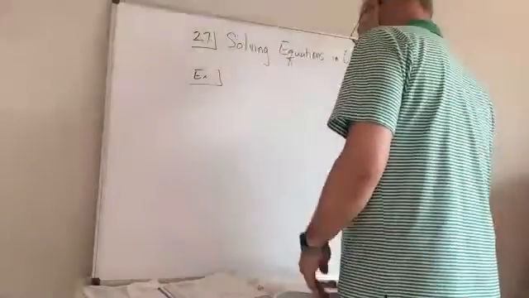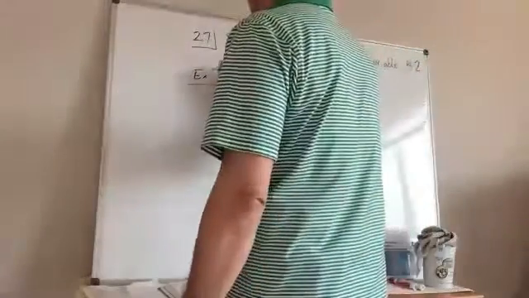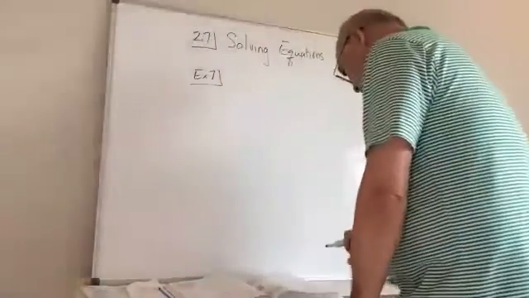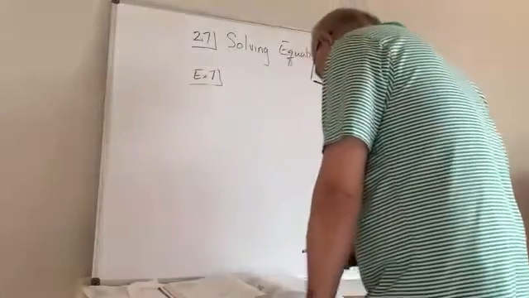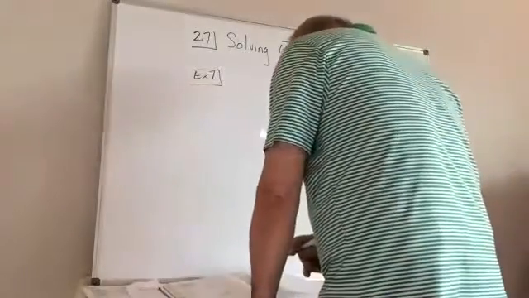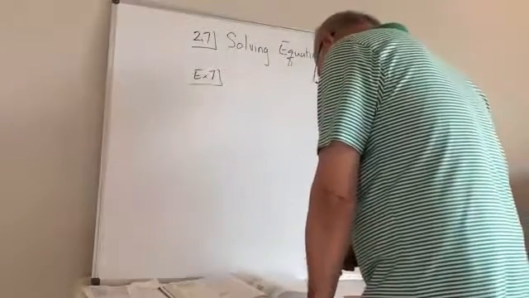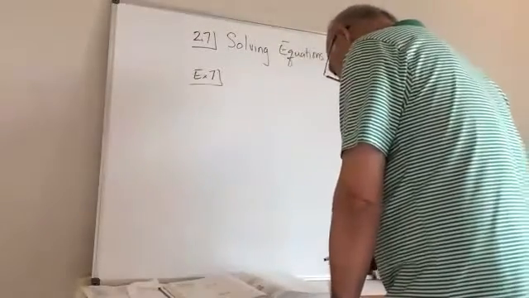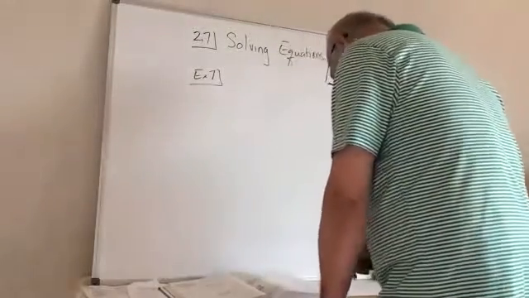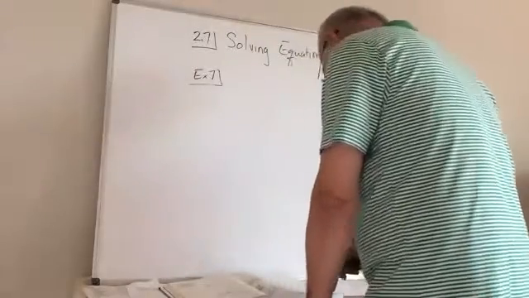Okay, let's look at example number 7. Stewart cannery packages tomato juice in 2-liter cylindrical cans. Find the radius and the height of the cans if the cans have a surface area of that.